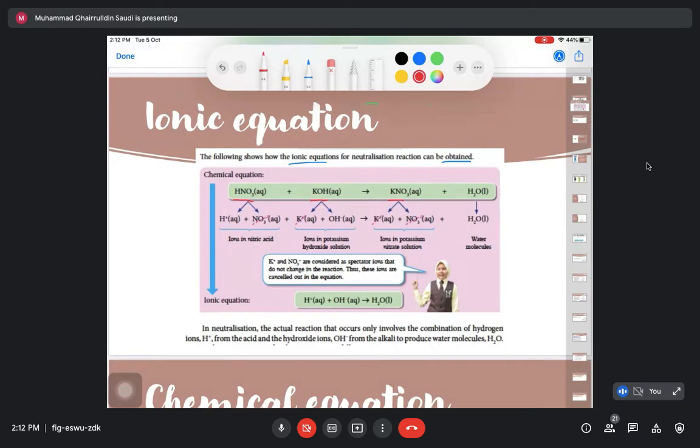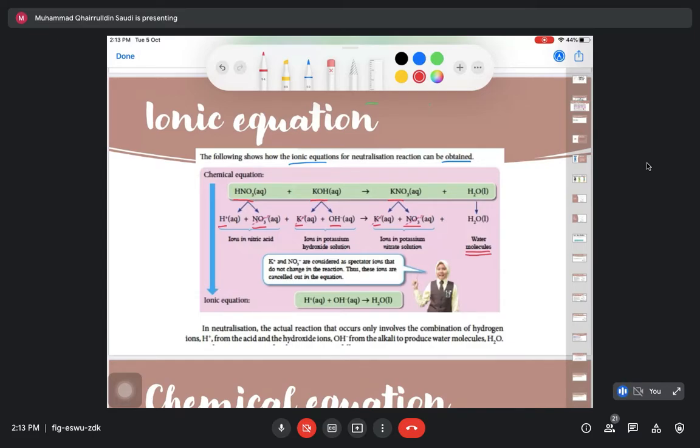Nitric acid consists of hydrogen ions and nitrate ions. Potassium hydroxide solution is made up of potassium ions and hydroxide ions. Our salt is made up of potassium ions and nitrate ions. And water is molecules. They are not made from ions, so they cannot be separated into ions.